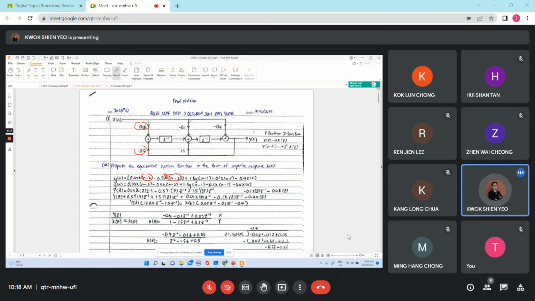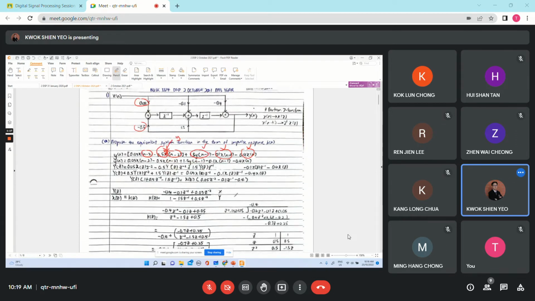So for the second delay it is minus 0.1x and 1.5y. So the last one is 0.4x. So maybe here is wrong. Should be y, right? I think. So it's slightly wrong. You put x, and then maybe all this should be wrong. So again, there's a little mistake here.